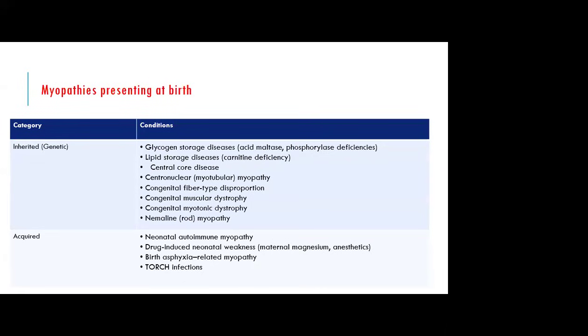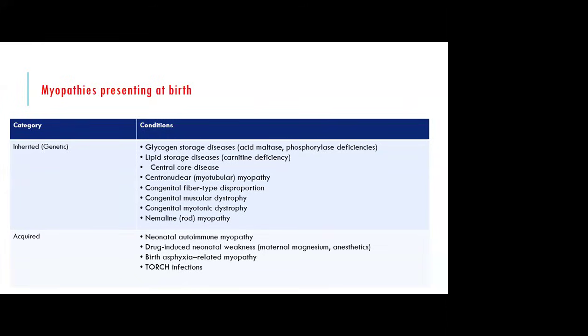Okay. So myopathies which are presenting at birth, we usually divide into inherited and acquired causes. The inherited causes being glycogen storage disorders, that's acid maltase, phosphorylase deficiencies, lipid storage disorders like carnitine deficiency, then central core disease, myotubular myopathies, congenital fiber type disproportion, congenital muscular dystrophies, congenital myotonic dystrophies, muscular dystrophies, nemaline, that is rod myopathy.